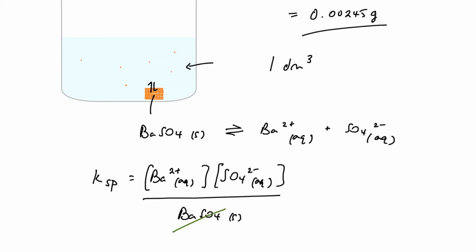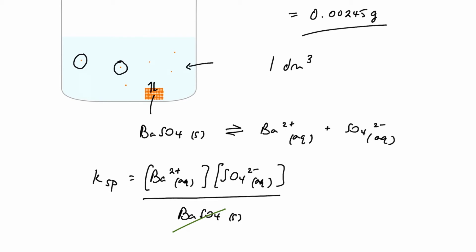Now, this equilibrium only applies to sparingly soluble salts, in which we have very few ions in solution. As a result, we can assume that they're electrically neutral. The barium ions and the sulfate ions are so dilute that they're not interfering with each other in any way.